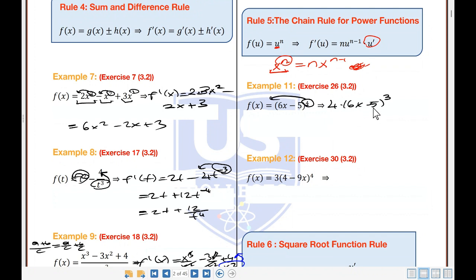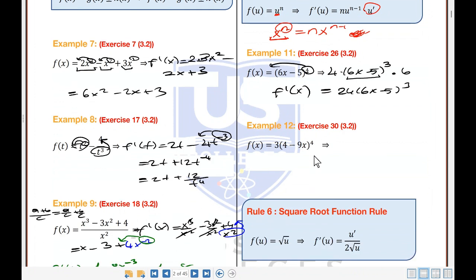And I'm not done, since my base is not that simple. We multiply the answer by the derivative of the base. What is the derivative of the base? The derivative of 6x is 6, 5 is 0, so it's just 6. Now, let's simplify. 4 times 6 is 24, times 6x minus 5 to the power of 3. This is our f prime.